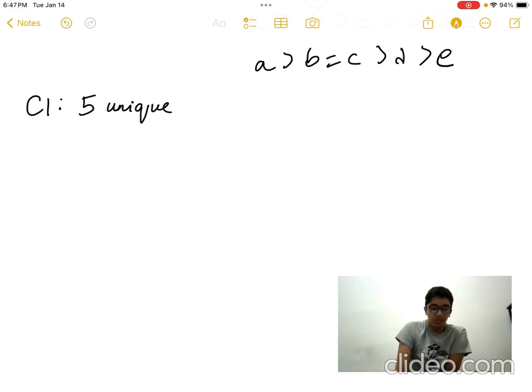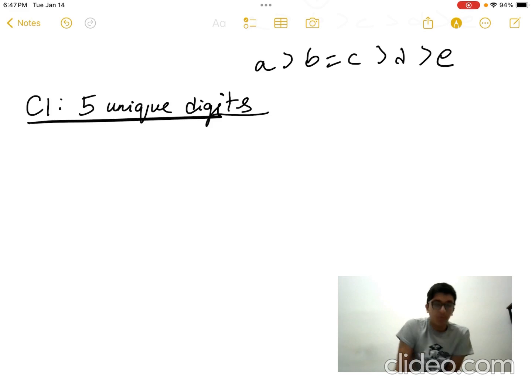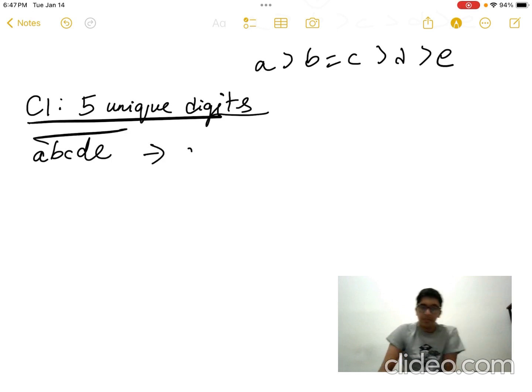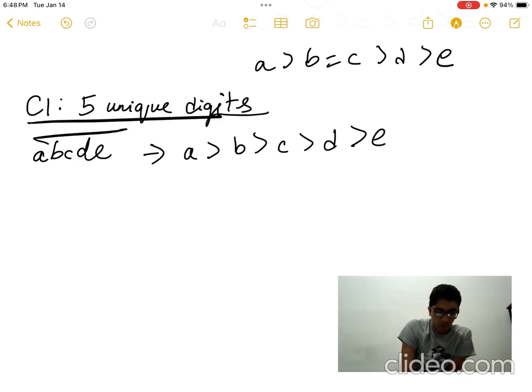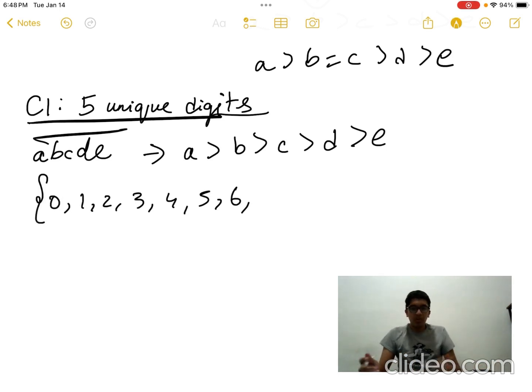So if we have five unique digits, I'm going to write our five-digit number down, then A is greater than B, greater than C, greater than D, greater than E. We have 10 digits from 0 to 9: 0, 1, 2, 3, 4, 5, 6, 7, 8, and 9. And we have to choose five of these.